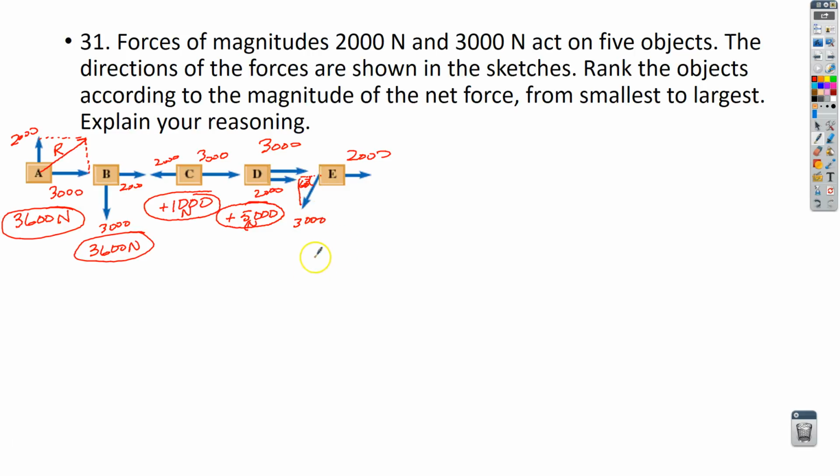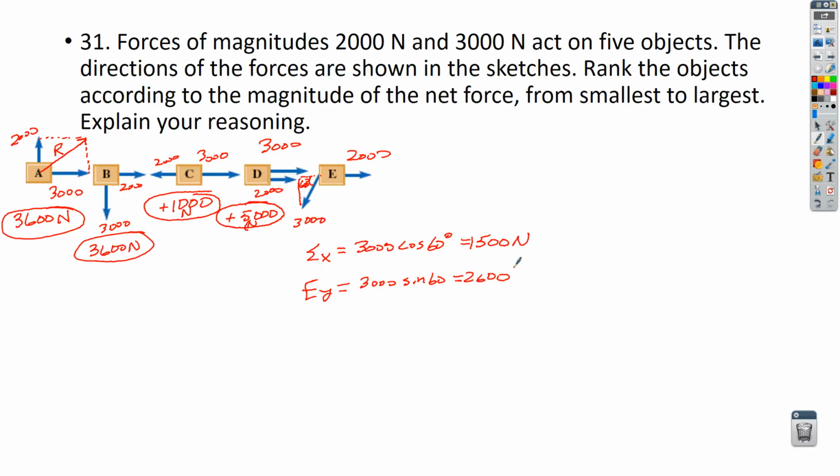If we do that, we could say that E in the x is equal to 3,000 times the cosine of 60 degrees, and that would give us 1,500 newtons in the x direction. Then letter E in the y direction would be 3,000 newtons times the sine of 60 degrees, and that would give me 2,600 newtons.